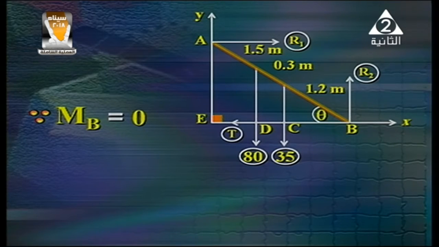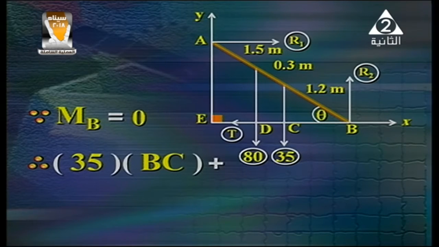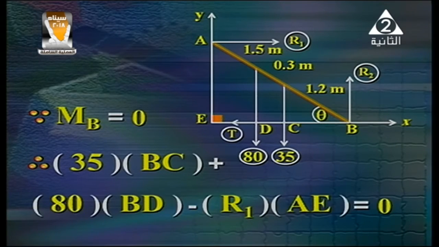moment at point B equals 0 with the third force equal to 80 kilogram weight, the weight of the man. Then 35 times BC plus 80 times BD minus R1 times AE equals 0.